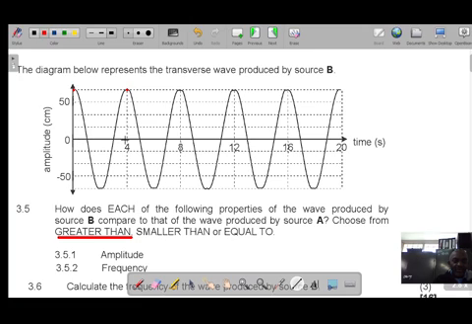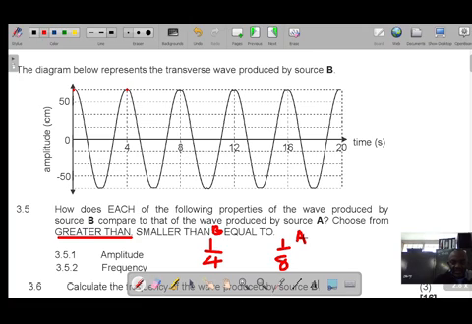Our frequency is 1 over that time, which is 1 over 4 for B. Compare it with 1 over 8 for wave A. Which of these two answers is greater?